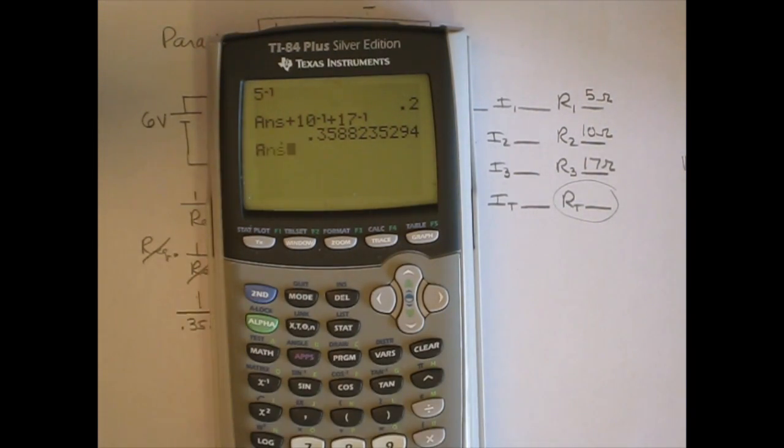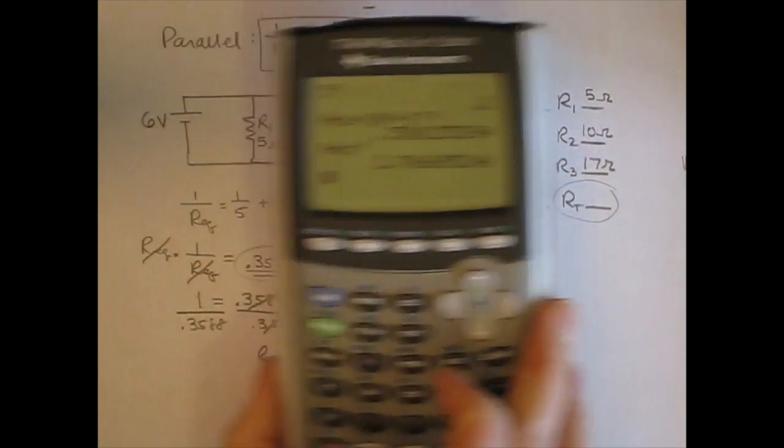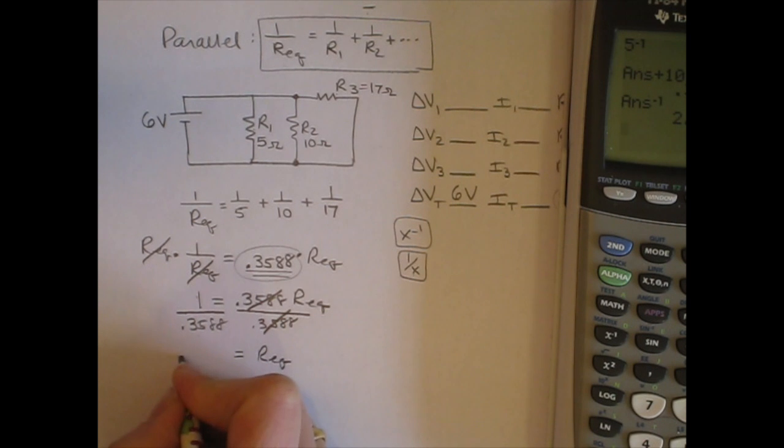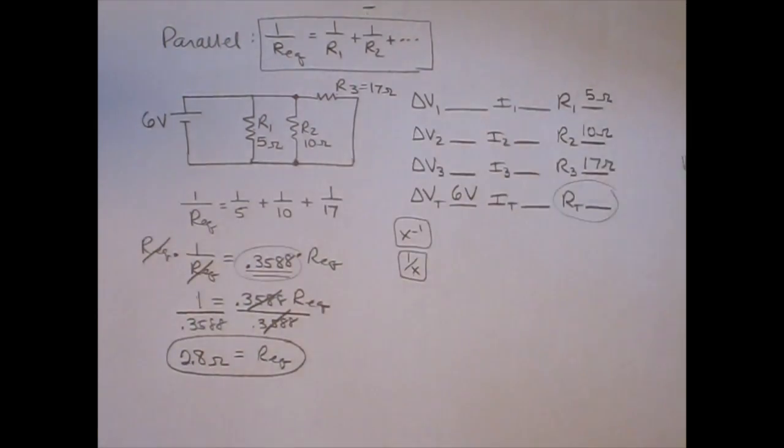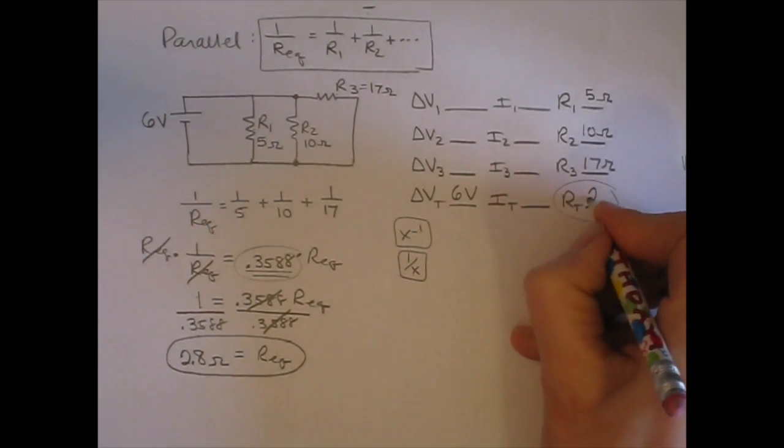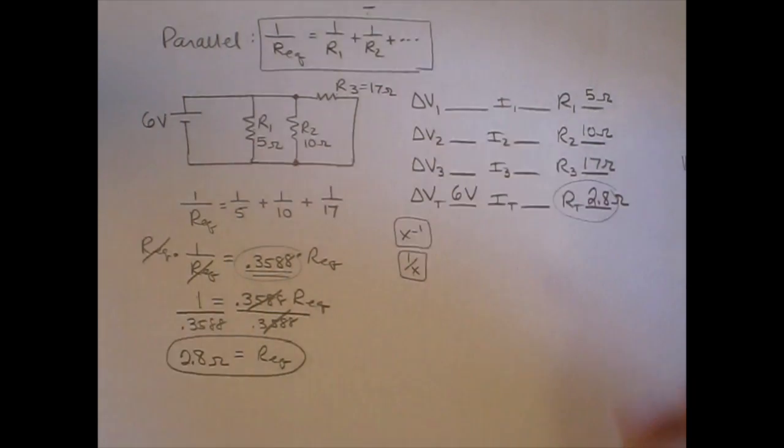So I'm going to take my previous value, find the reciprocal, and it is 2.8. So that's just a little shortcut way to use this equation on your calculator. So 2.8 ohms is my total resistance for the circuit.